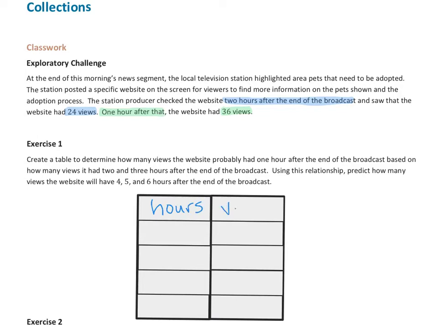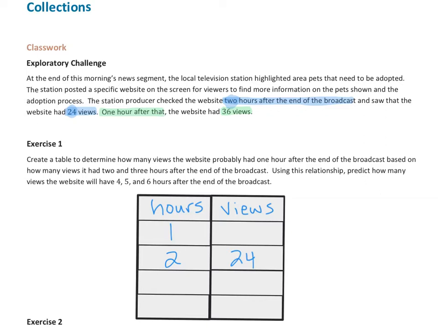And then views. And I'm putting them in that order because that's how the numbers were given to me. First and second, order matters. So hours comes before views. And 2 hours is connected with 24 for views. And I can just show that again by darkening these, right? And so I'm going to put the 2 here and the 24 here, leaving me where I can put my 1. Does that make sense?